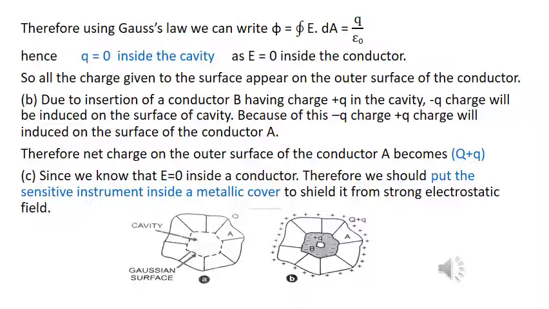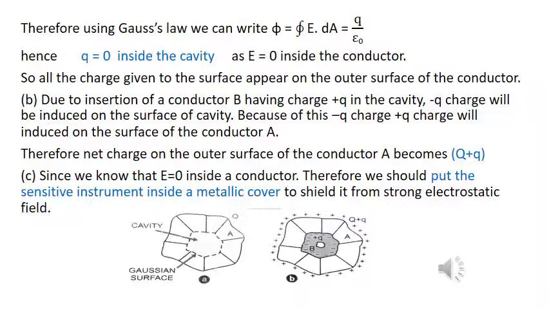Since the electric field inside the conductor is equal to 0, from this equation we can write Q enclosed through the Gaussian surface is equal to 0. Therefore, there is no charge inside the conductor and all the charge will appear on the outer surface of the conductor.